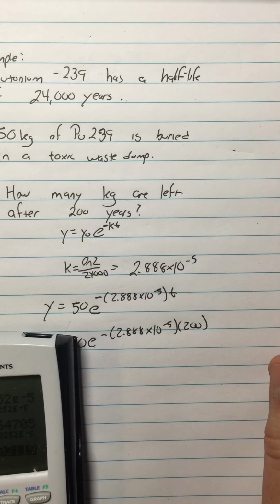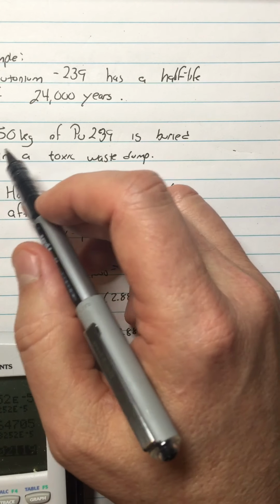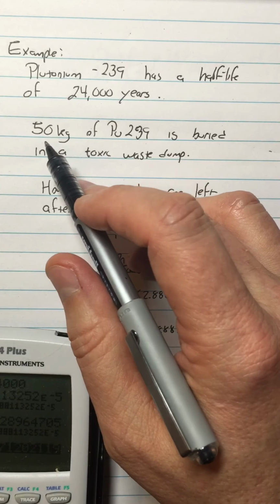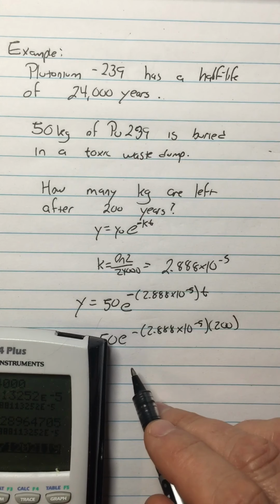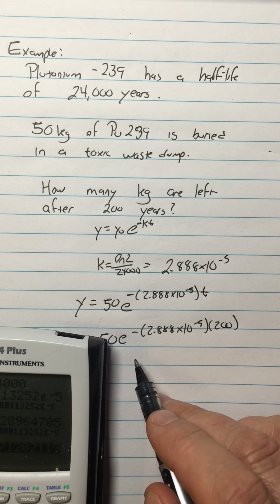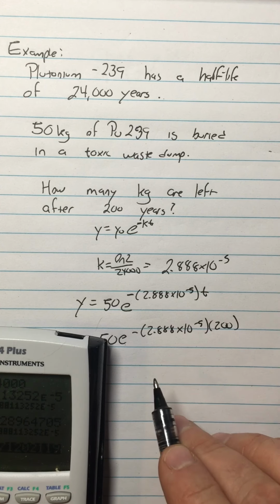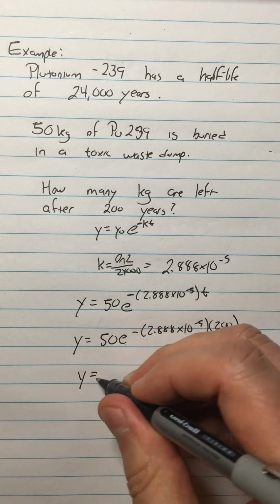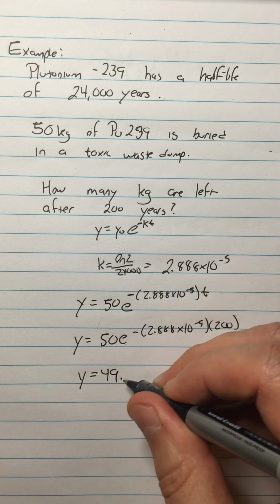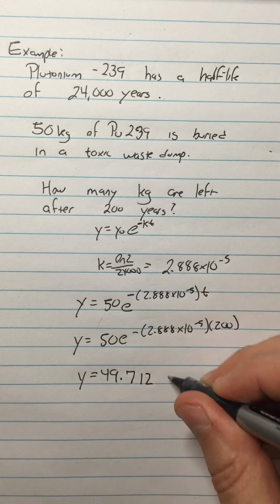Now, if you want to do significant figures, there's one significant figure. So the answer is 50, one significant figure. After 200 years, nothing has happened, according to significant figures. Okay, but let's give it 3 decimals like the AP exam would want: 49.712 kilograms.